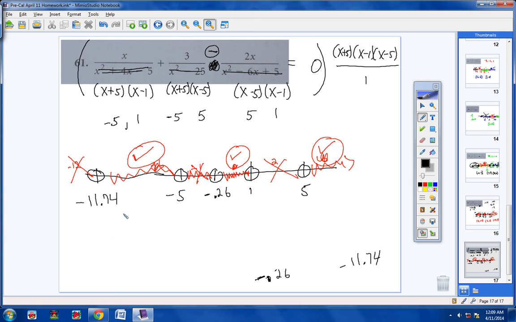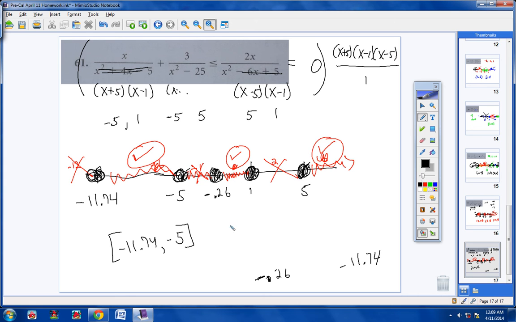By the way, I'm trying to look at the original problem to see if it was an equal sign right there. So all of these points should be closed points. So this region here works. So we say from inclusive negative 11.74 to negative 5.